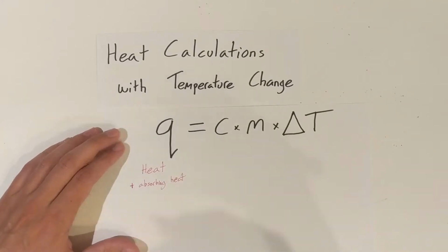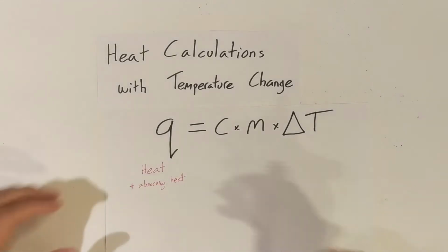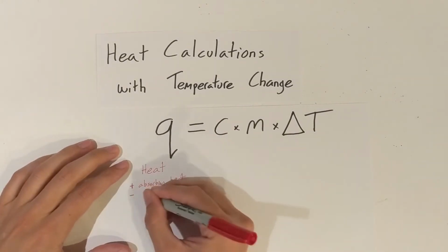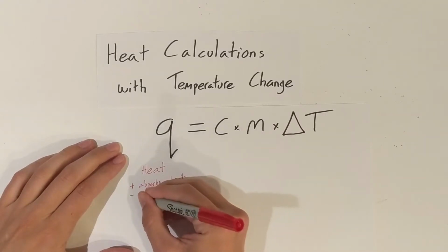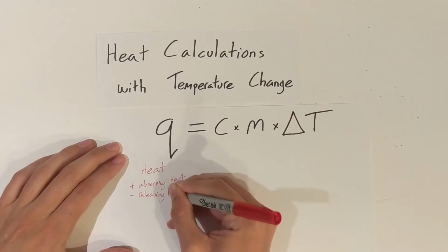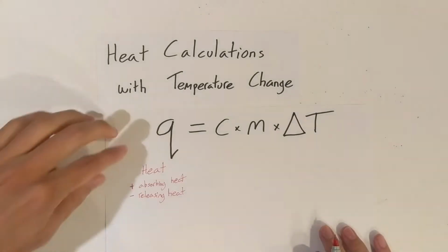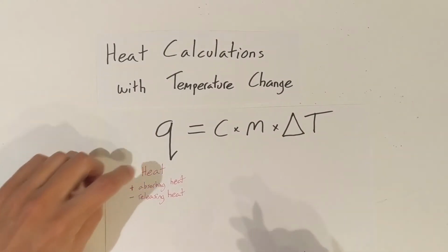But we could also have a negative Q. So if something's losing heat, it's giving heat to its surroundings. Think if you have a hot cup of coffee, it's losing heat. Something can have a negative heat there. That would be if it's releasing heat. All right, so that's our Q, talking about our heat there.